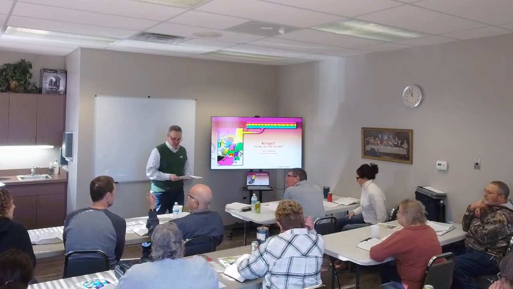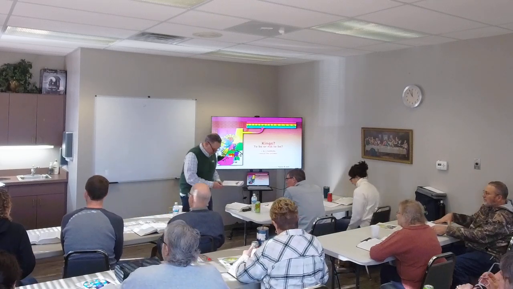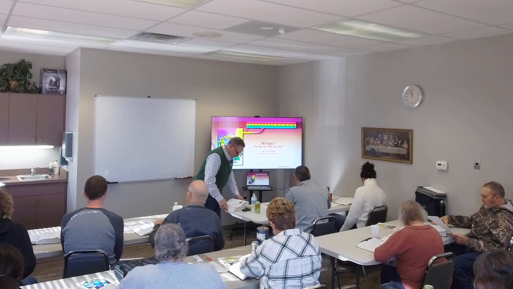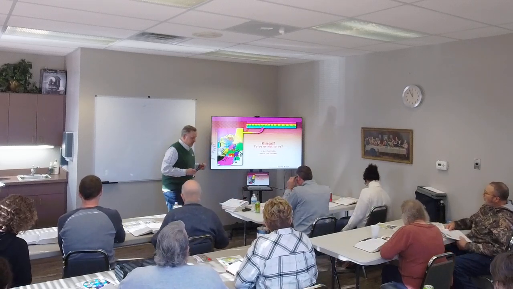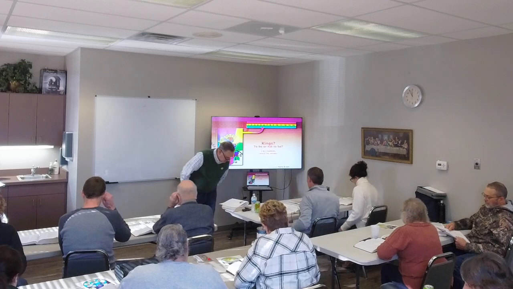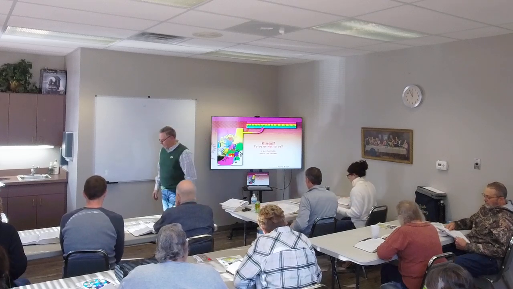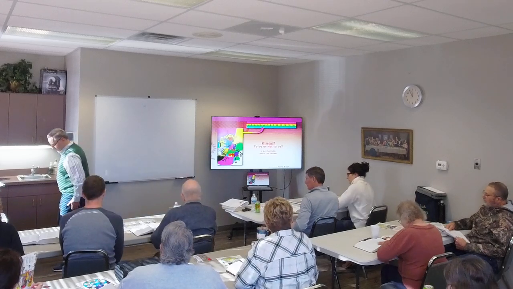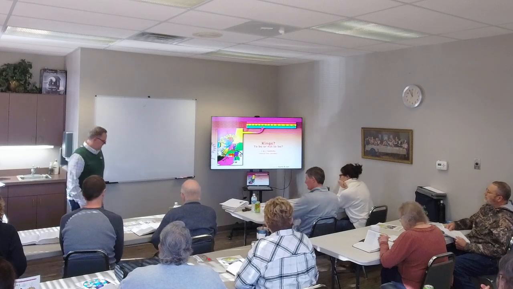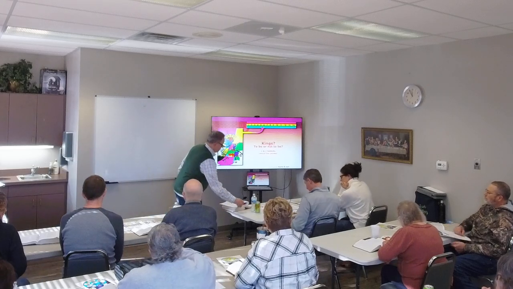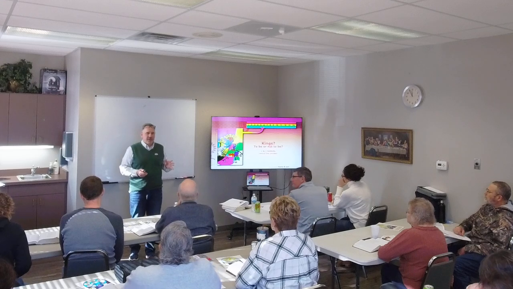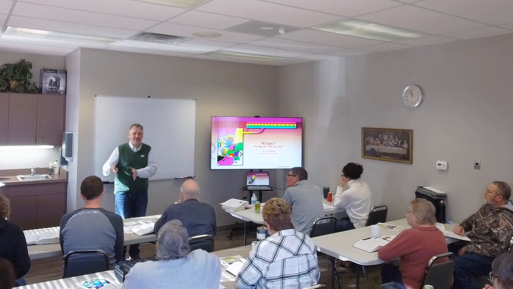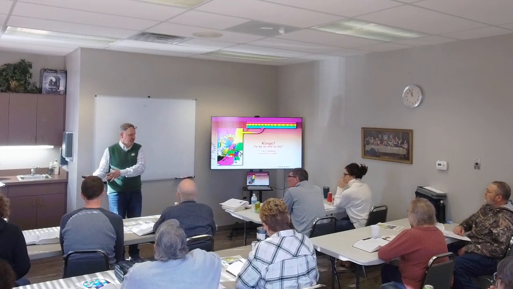So we're on page 9, and we're going to transition from frame number 8 to frame number 9. When we finish Judges, we are getting this theme: there was no king in the land, so everybody did as they saw fit.